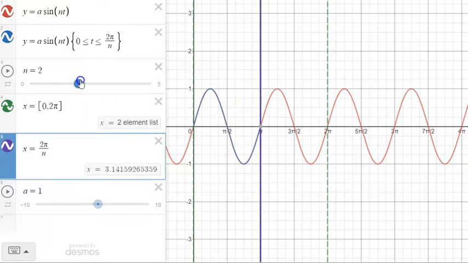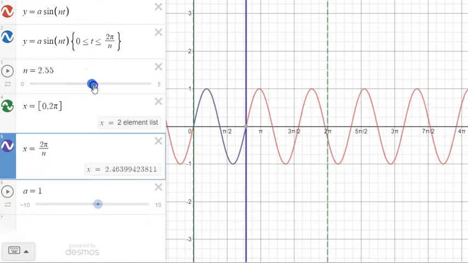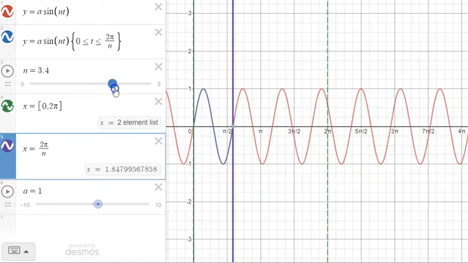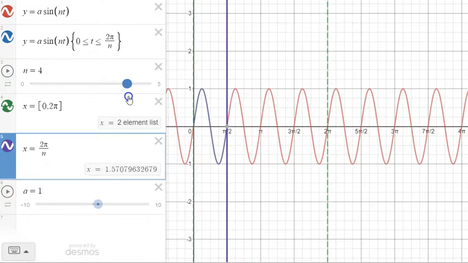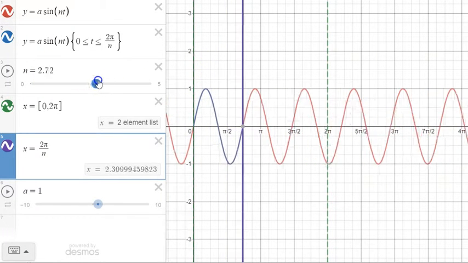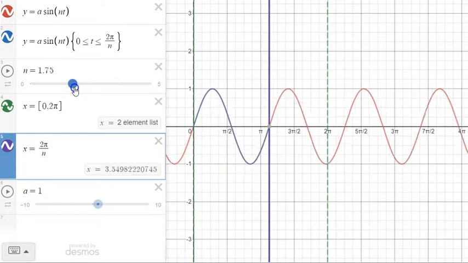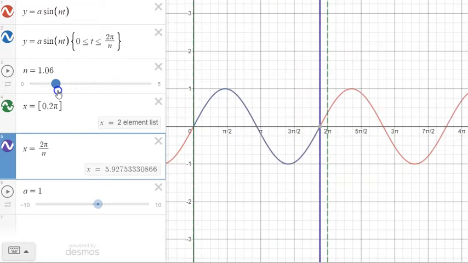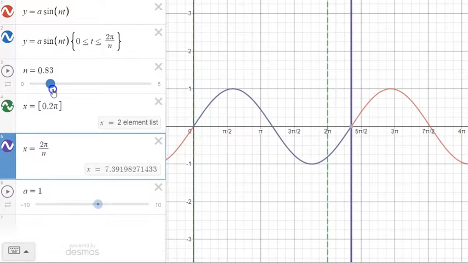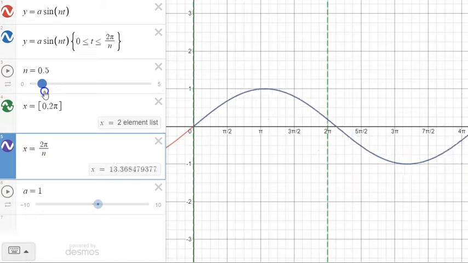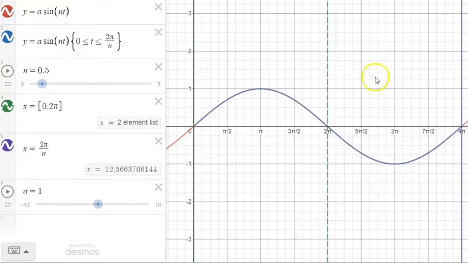If I increase it to 4, notice that we're going to get a period of pi on 2. So increasing the value of n is going to decrease the size of the period. Conversely, decreasing the value of n to below 1 is going to stretch out this waveform.